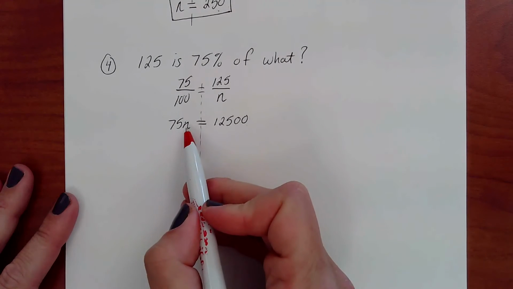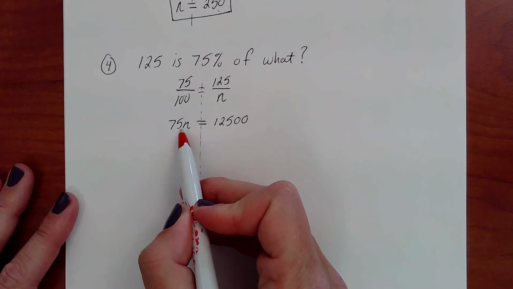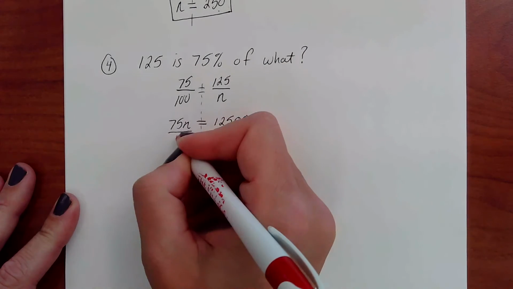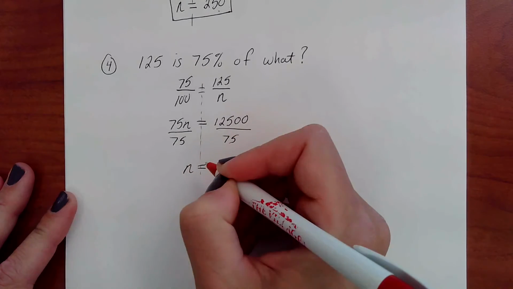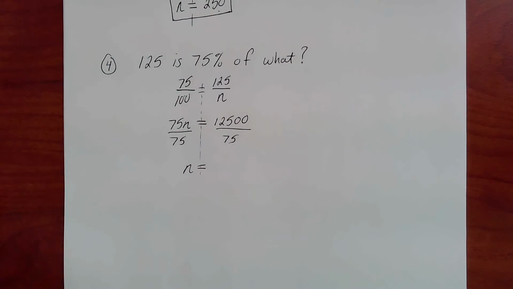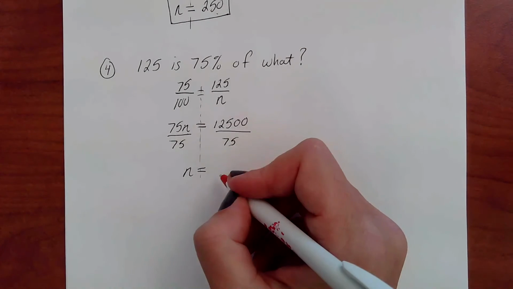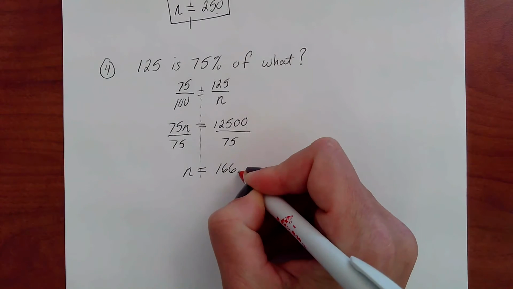How do I get n by itself? I've got times 75 next to it. I'm going to divide by 75. 12,500 divided by 75. And if I say, please do not round, how are you going to write your answer?